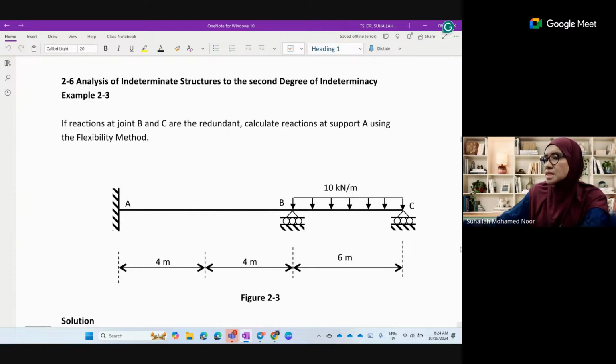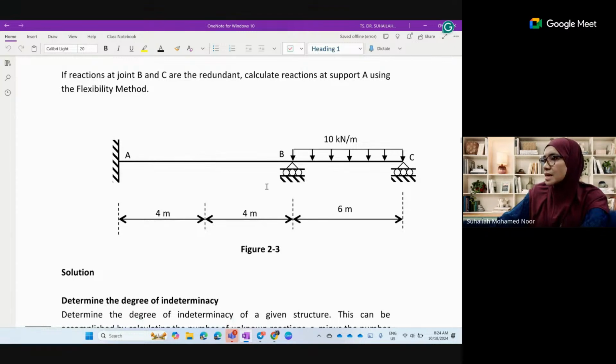So this is a continuous beam A, B, and C. Previously, for one redundant, we had one fixed and one roller, right? Now we have one fixed and two rollers. Looking at the supports, there are 5 unknown reactions, and of course only 3 can be determined using the equilibrium equations. This means the difference is 2, so 2 is the redundant.